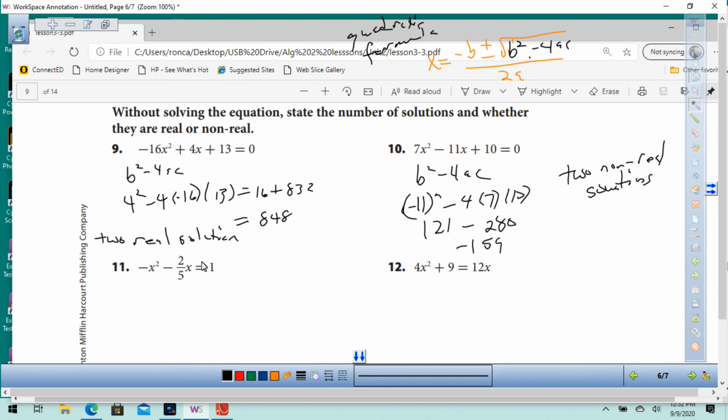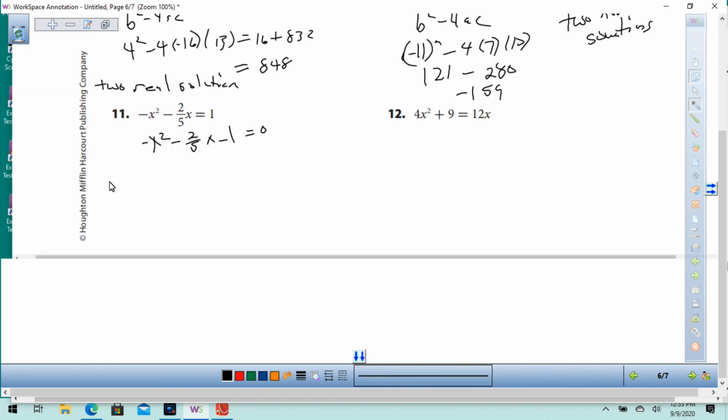So here, we're going to have to subtract 1 from both sides. So that's going to be negative x squared minus 2x minus 1 equals 0. Now we can do the discriminant. B squared minus 4ac. We're going to have negative 2 squared minus 4 times negative 1 times negative 1.